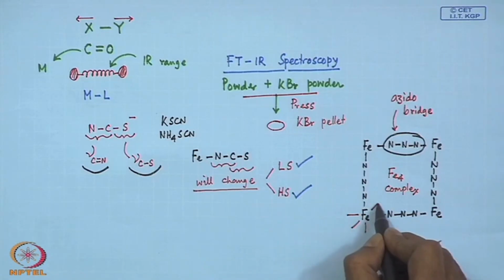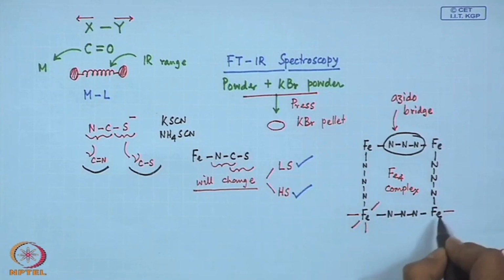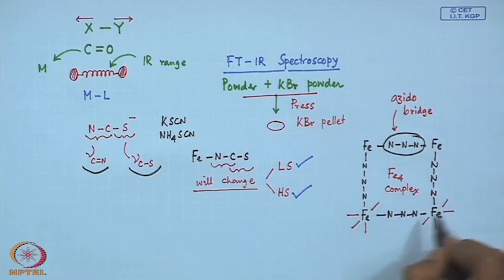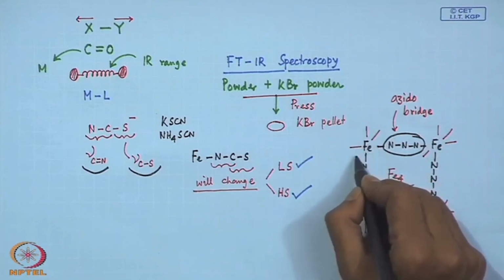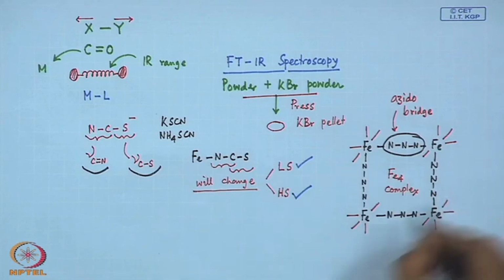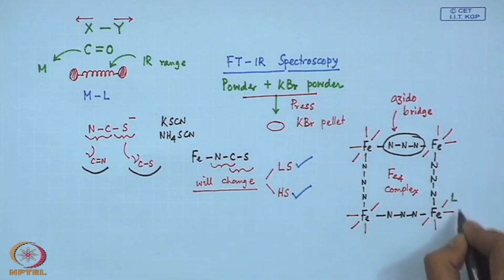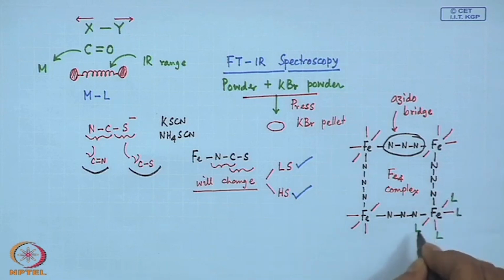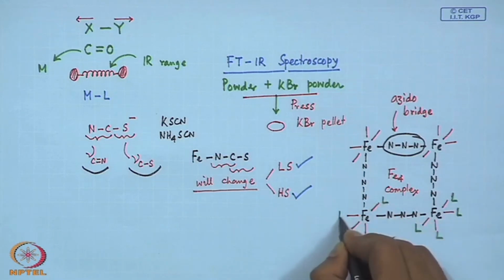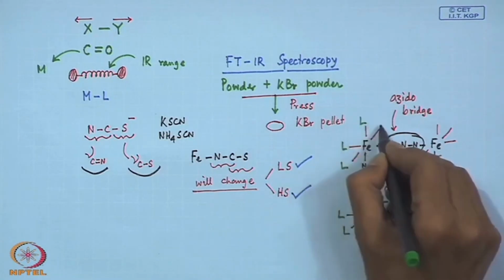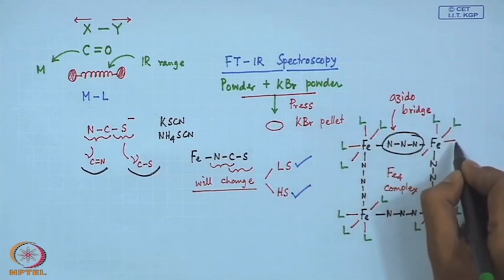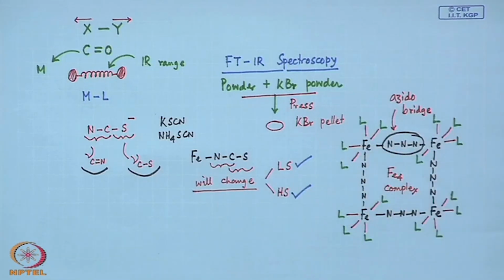So, 4 other free positions we can have, and there we basically place the monodentate ligands. So, all different monodentate ligands can be placed over there, giving rise to a very nice Fe4 complex.